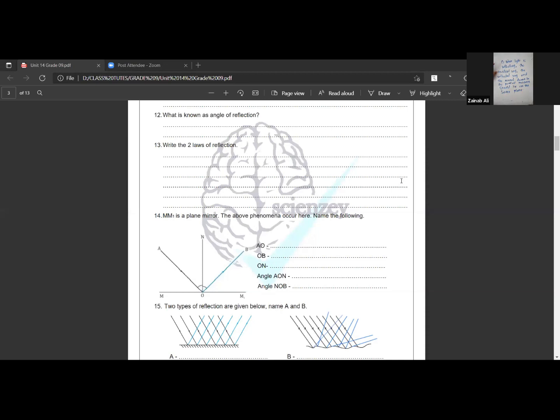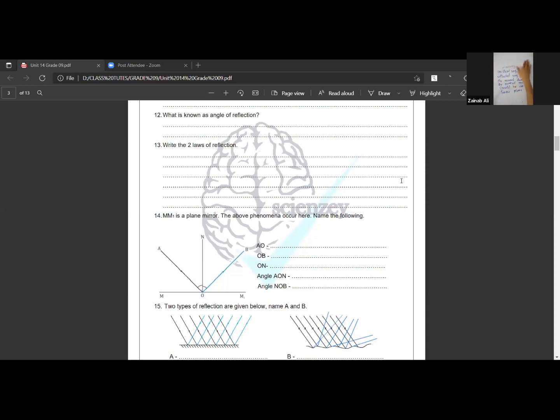Then the second law is, very good. Well done, students who are answering from the chat box. The second one, the values of the angle of incidence and the angle of reflection are equal.